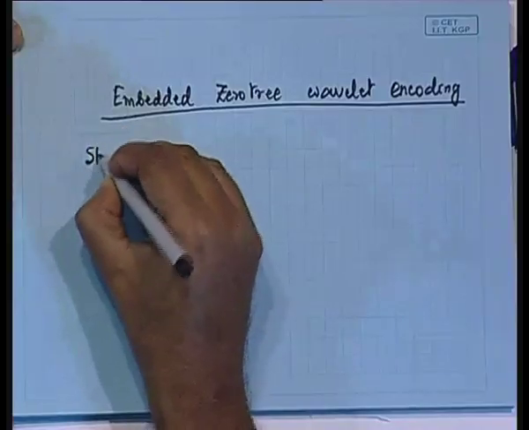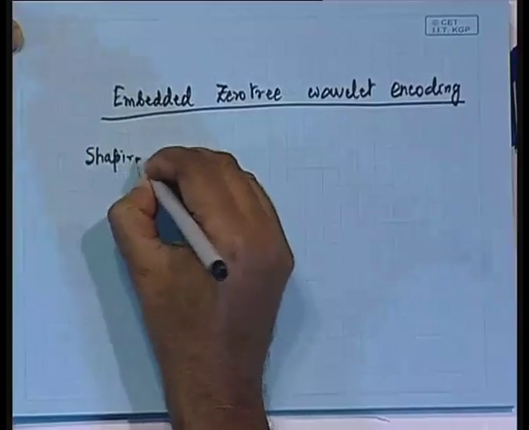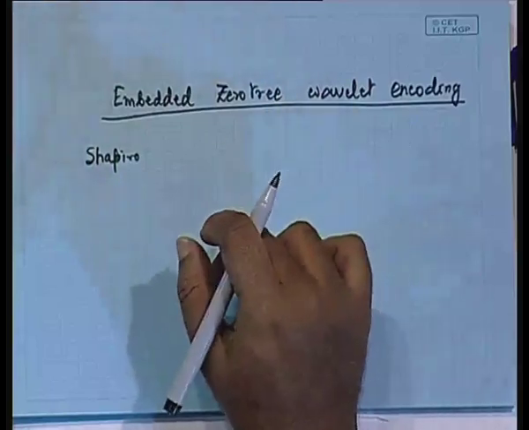Now, to encode the DWT coefficients, we are first going to discuss a very popular technique which was proposed by Shapiro. And there is a very classic paper written by Shapiro.